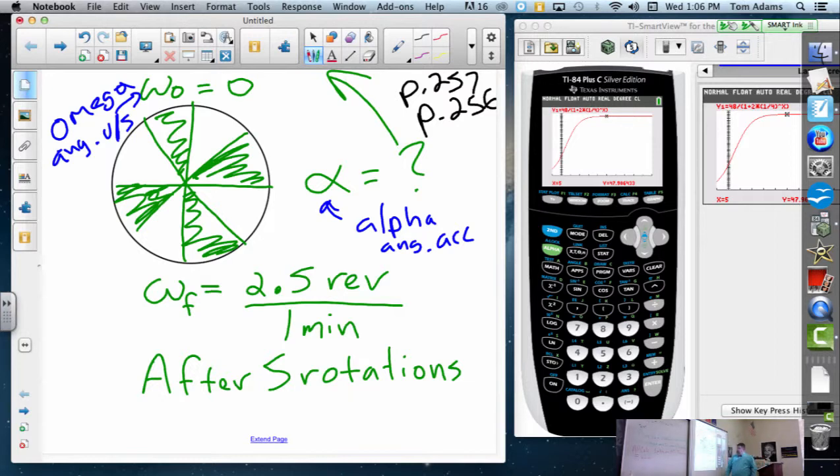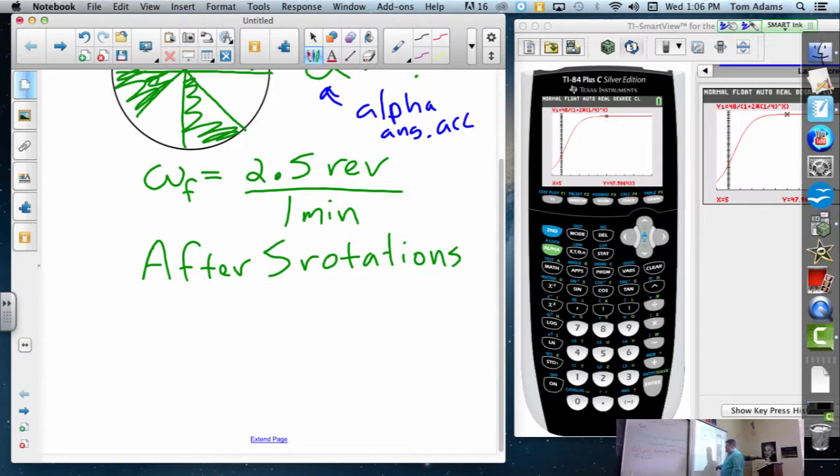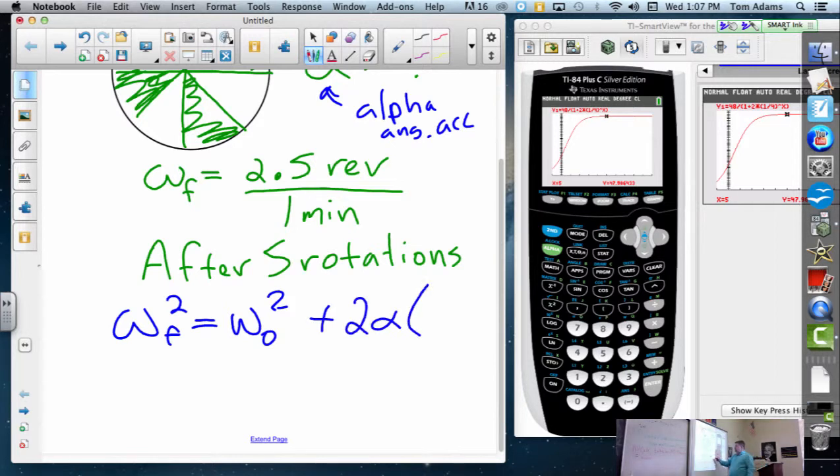The one that we should use is omega final squared is equal to the initial omega squared plus 2 times the acceleration alpha times delta theta. Do we know theta? I apologize, too many Greek letters.